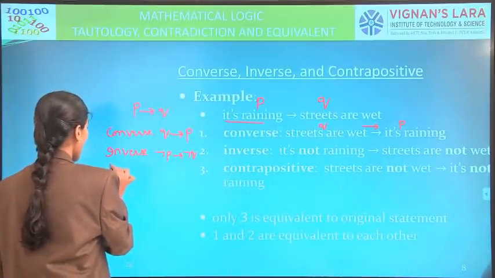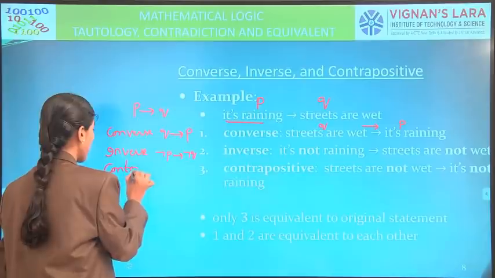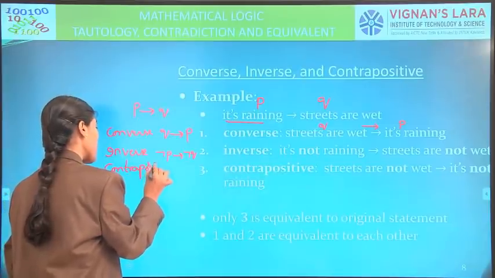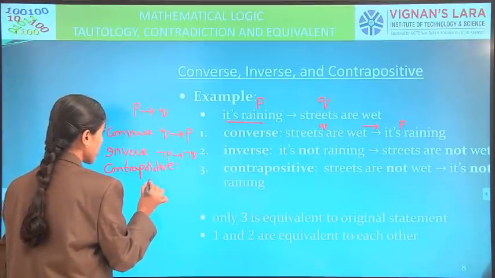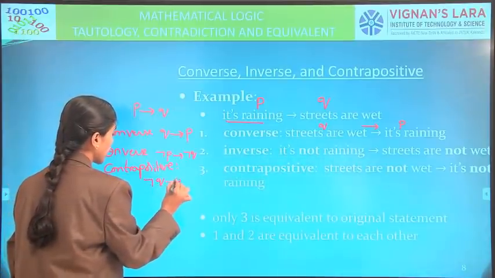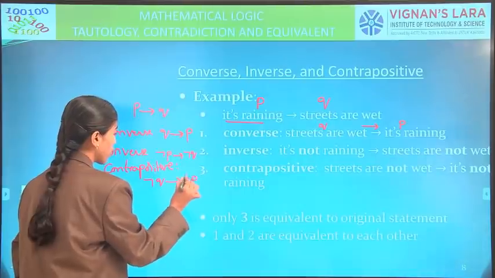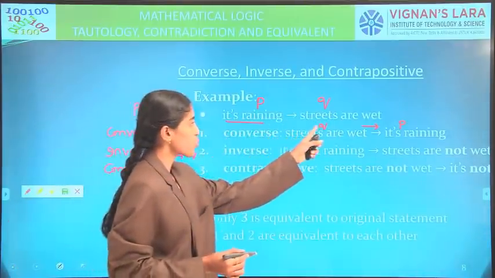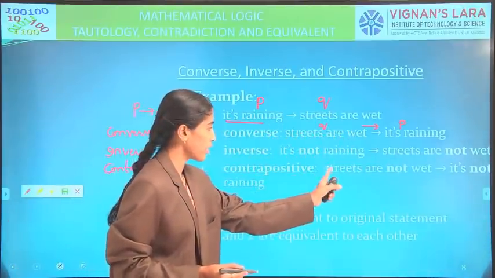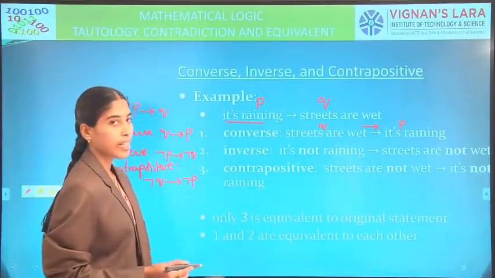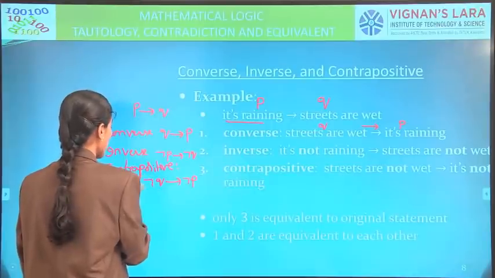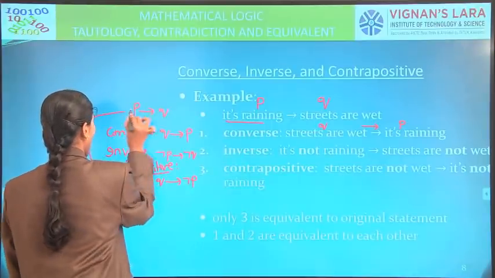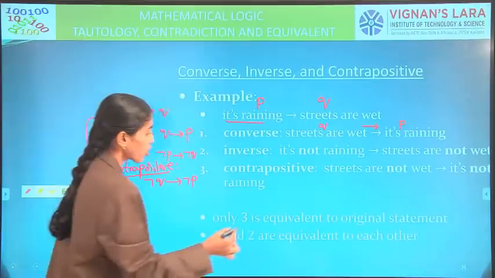So what is the contrapositive? For a given conditional statement, contrapositive is negation Q conditional negation P. So what is negation Q? Streets are not wet, conditional, it is not raining. So only the contrapositive and the given conditional both are equivalent.